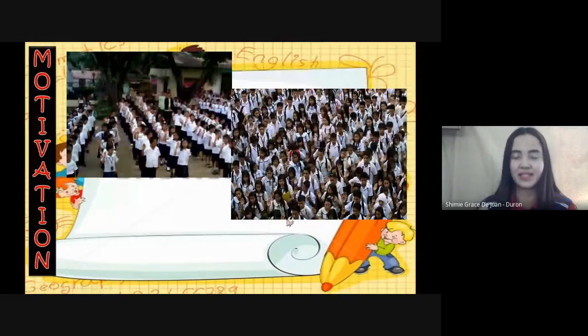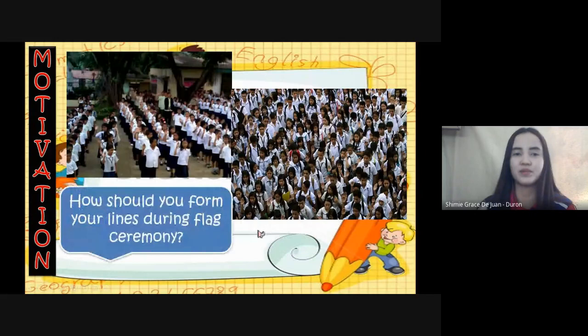Hey class, what can you see in the picture? Yes, you're right. There are students forming a line during their flag ceremony. Do you also do this as you pay respect to our national flag? Of course.